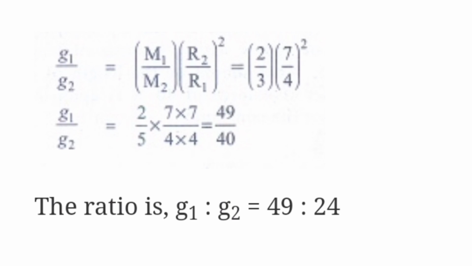The ratio g1 is to g2 is equal to 49 is to 24.